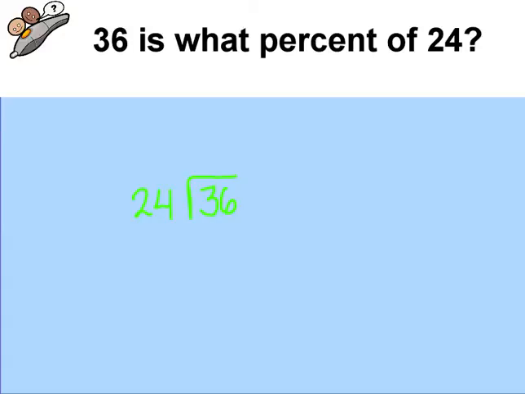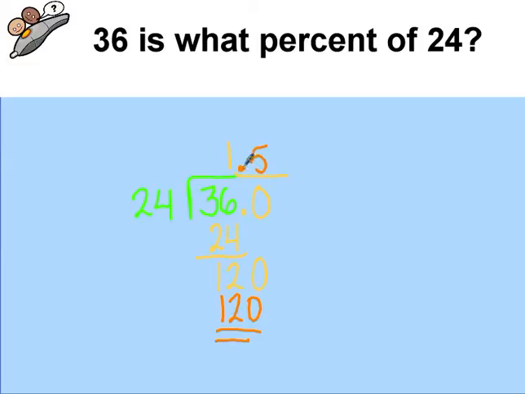So I'm going to take 36 and divide it by 24. 24 goes into 36 one time. When you subtract, you get 120. 24 goes into 120 5 times, and then that comes out even. So 1.5 is our answer, but this is as a percent.